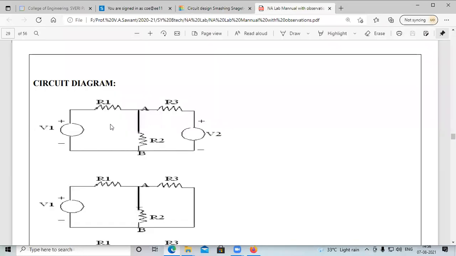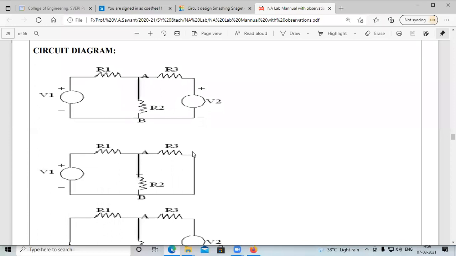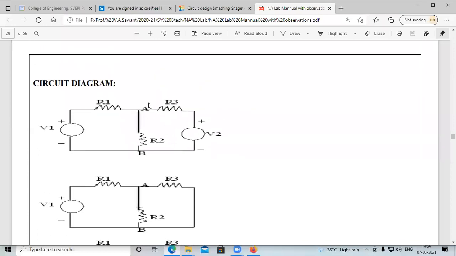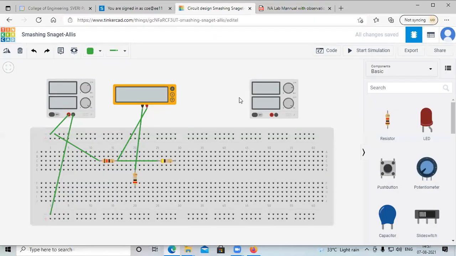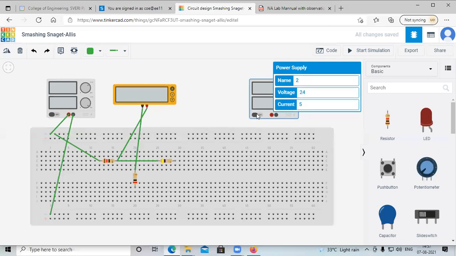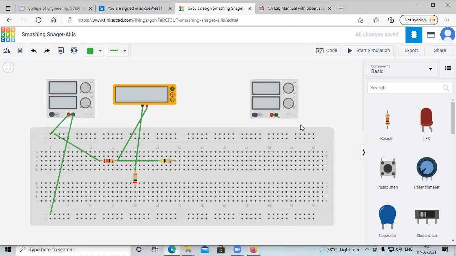Now see, the first situation is that we first find the total current, and then we will find the current through each voltage source when each voltage source is acting alone. So again I will connect this voltage source. Here it is the positive terminal, then here it is the negative terminal.